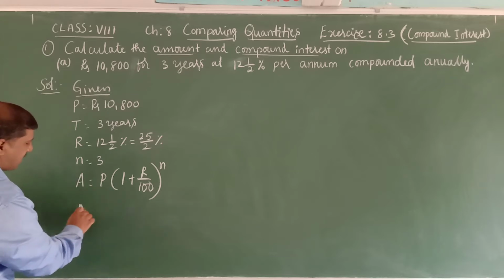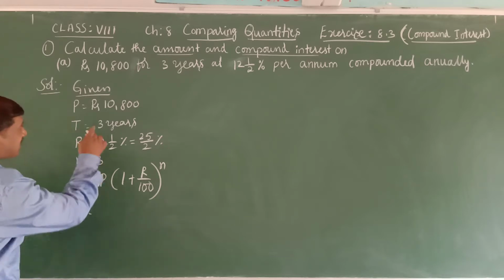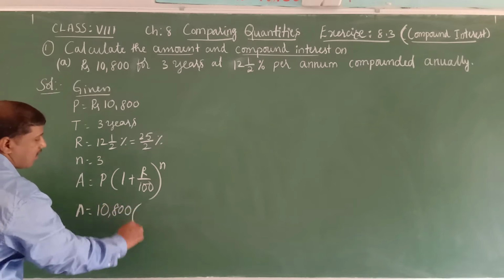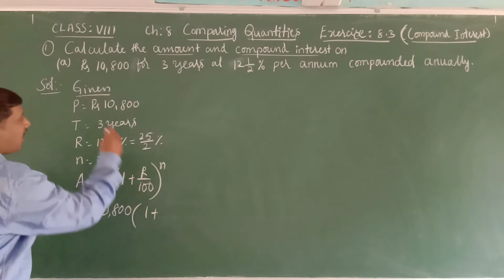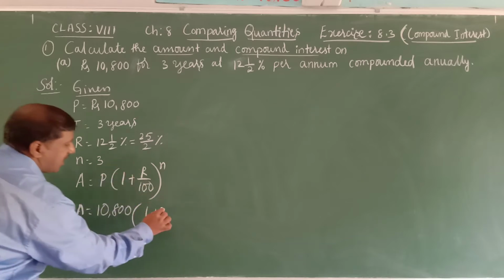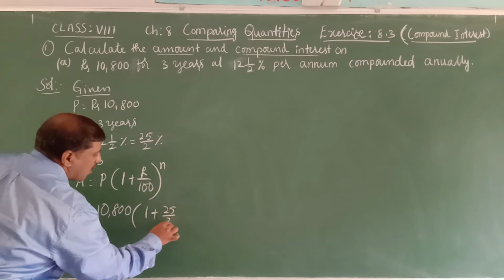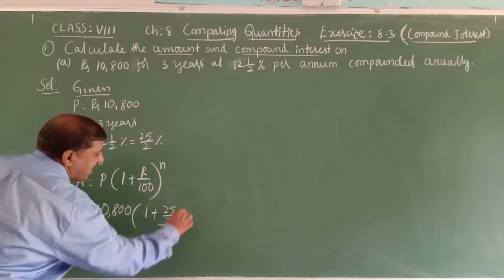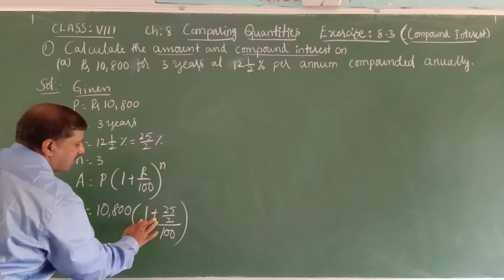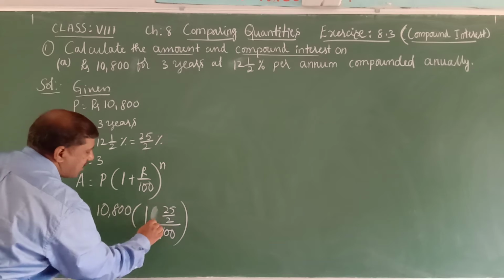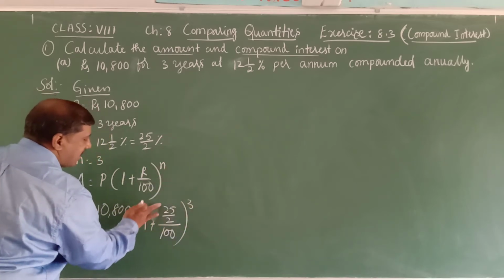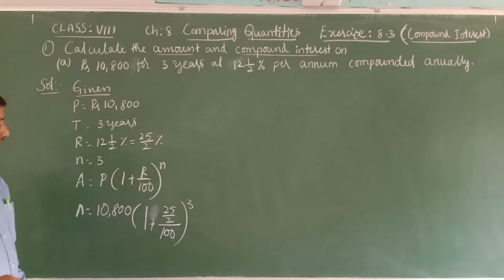That is, A is equal to P, that is 10,800, into 1 plus R, that is 25/2 divided by 100, whole to the power of n. Here n is equal to 3. Now simplify this.